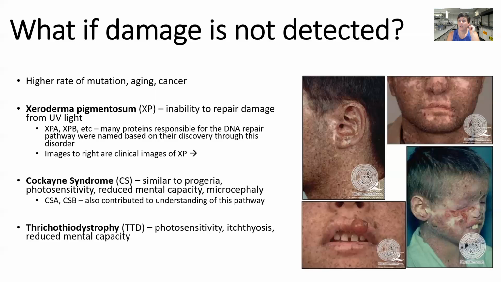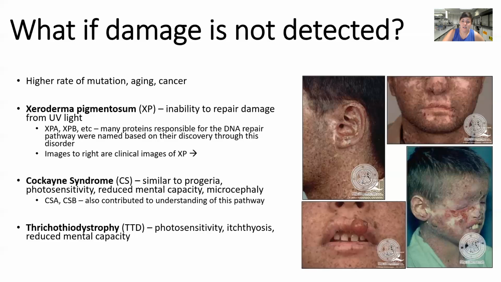Cockayne syndrome and another one, which I'll talk about in a minute, also have reduced mental capacity. Microcephaly is associated with CS, and some other symptoms are very similar to progeria, which I'm not going to go into, but it is another genetic disorder, not distinctly related to NER, though the phenotypes overlap here.